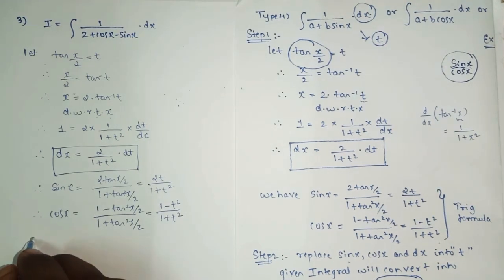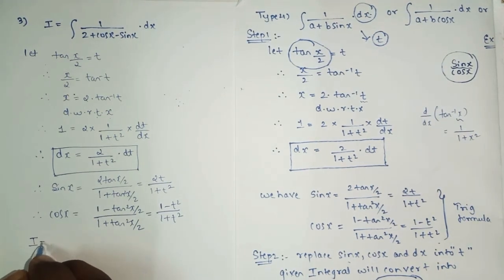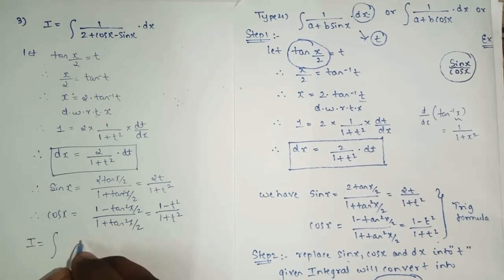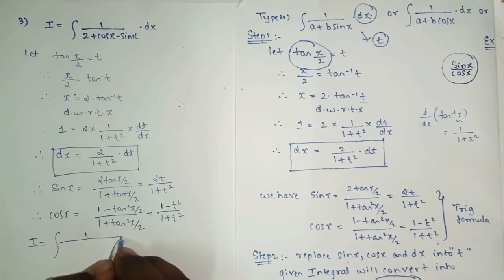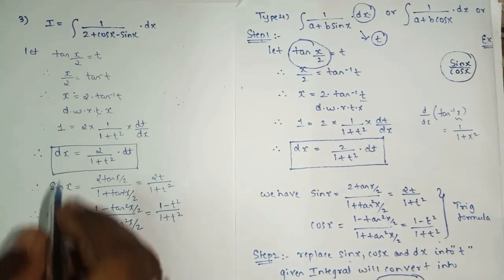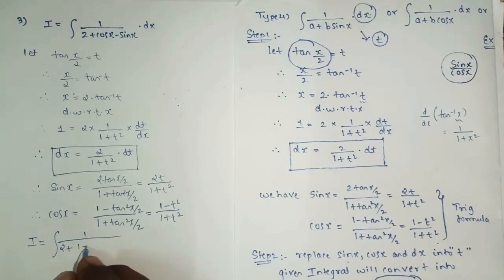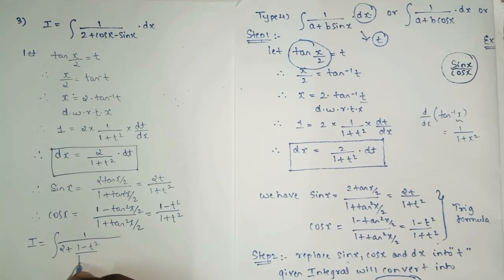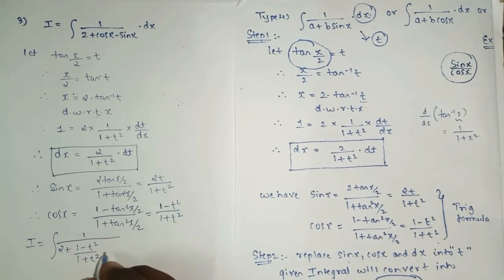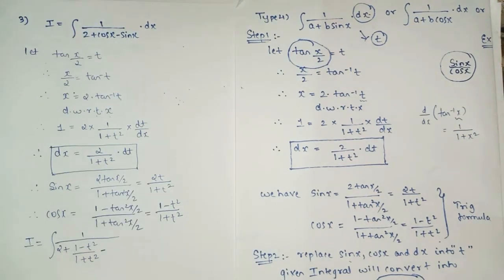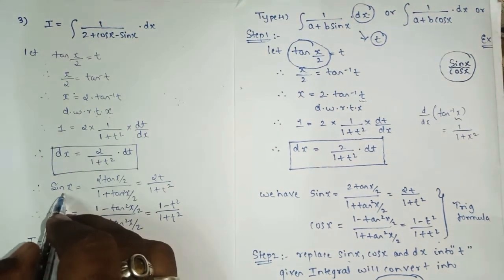So now we'll replace the value of sine, cos and dx. So here you will get what? 1 upon 2 plus cos is what? 1 minus t square upon 1 plus t square minus sin x is what?